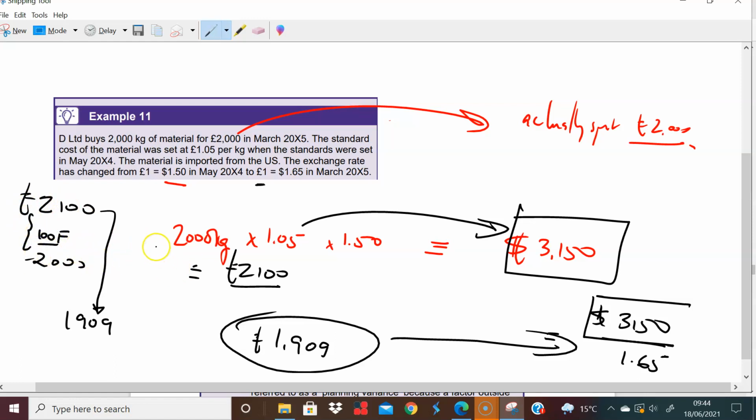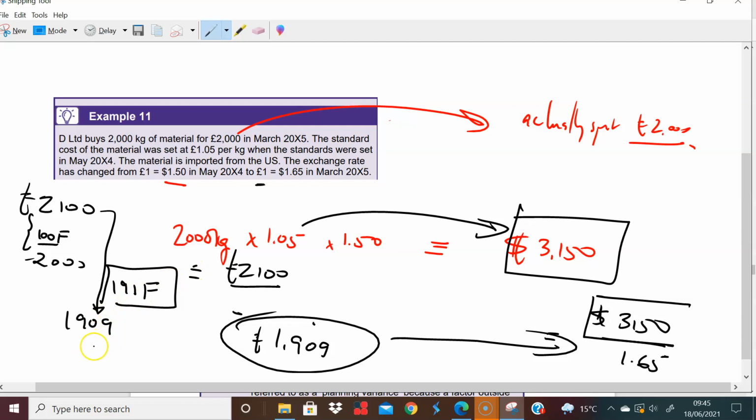We're like, no, no, no. What really happened was you first had a favorable variance of 2,100 minus 1,909, which is 191. So this was a planning variance. It was an economic variance, nothing due to you. It is 191 favorable.